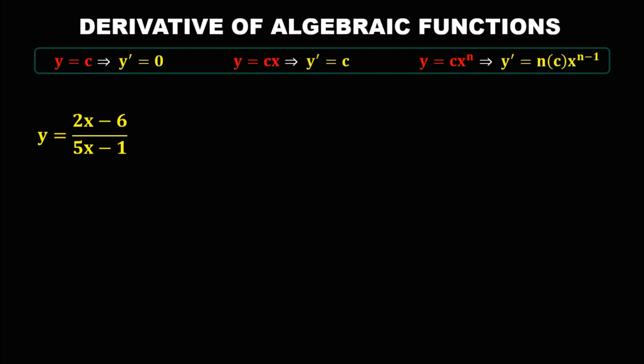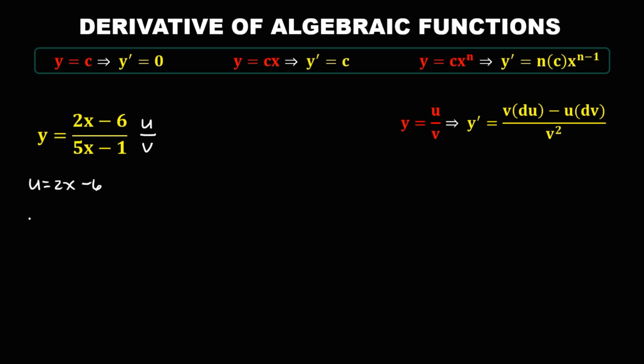And for this given, using the quotient rule, u over v, u is 2x minus 6, and du is positive 2, the derivative of 2x. Then v is 5x minus 1, and dv, the derivative of 5x, is 5.